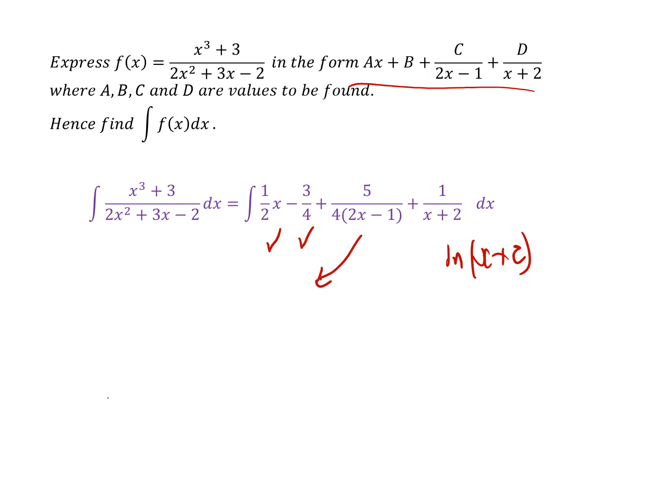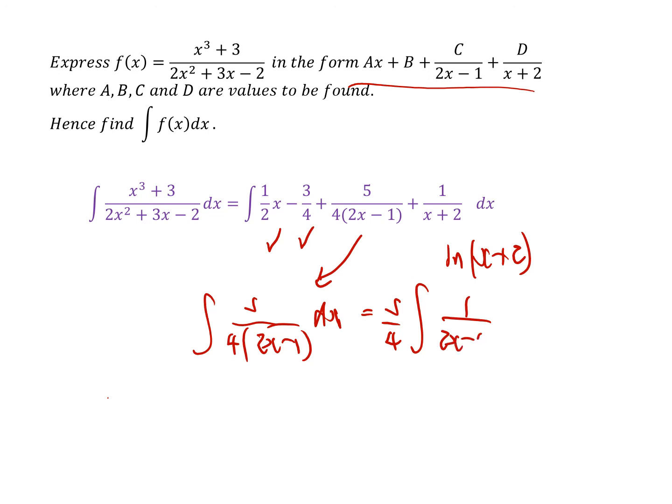This is a little bit more complex, but what I'm going to do is I'm going to say that the integral of 5 over 4 times 1 over 2x minus 1 dx, we can take a multiplicative constant outside of the integral. So this is 5 over 4 times the integral of 1 over 2x minus 1. Okay, so this is looking a little bit easier.